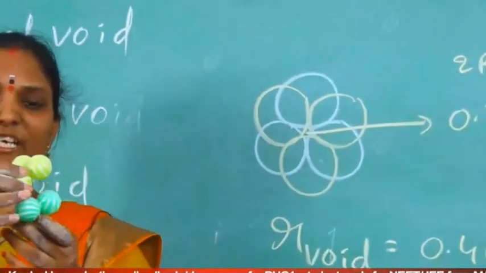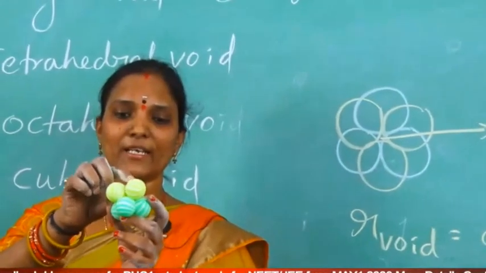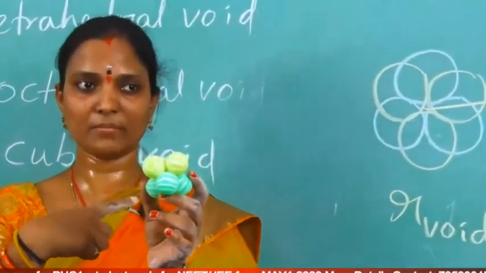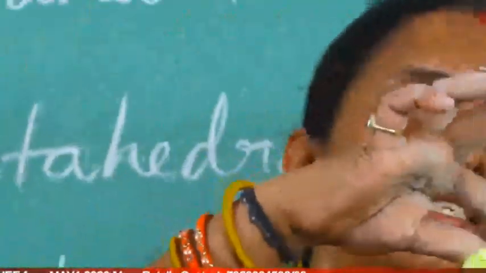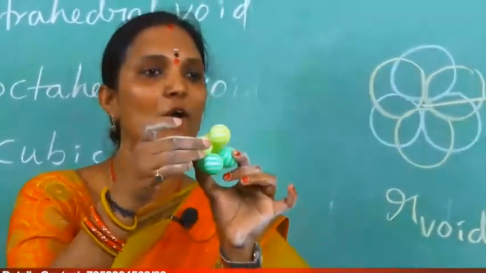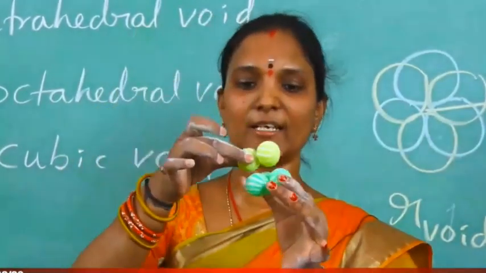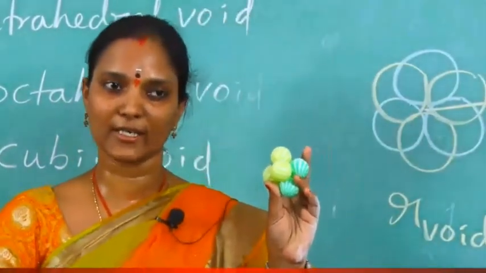Yes or no? 3 from the bottom layer facing this side, 3 from the upper layer facing this side. Now in the middle we are getting empty space or not? Definitely the middle will get empty space. That empty space is the octahedral void. So the octahedral void is surrounded by how many particles? 6 particles: 3 from one layer, 3 from another layer.